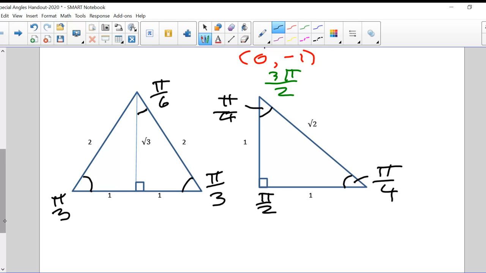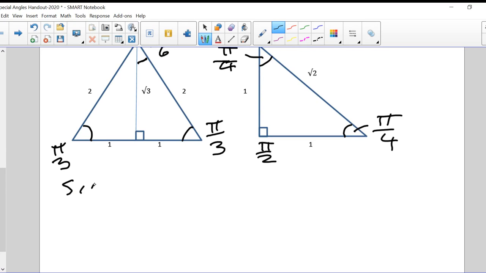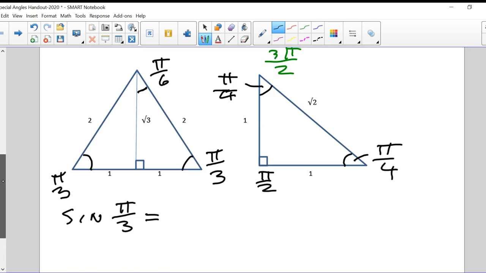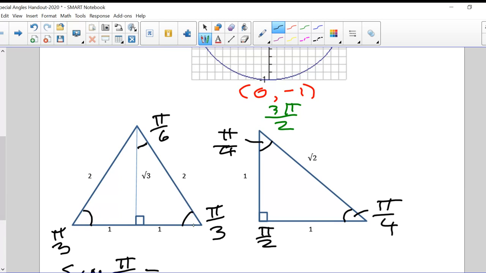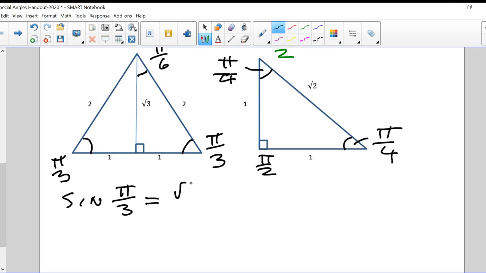Let me start off with the sine of pi over 3. That's this angle right here, pi over 3. So sine, remember, SOHCAHTOA, is opposite over hypotenuse. Hopefully that makes sense. So the sine of this angle I'm pointing to right now is the opposite side, which is root 3 over 2. That's the sine of pi over 3.